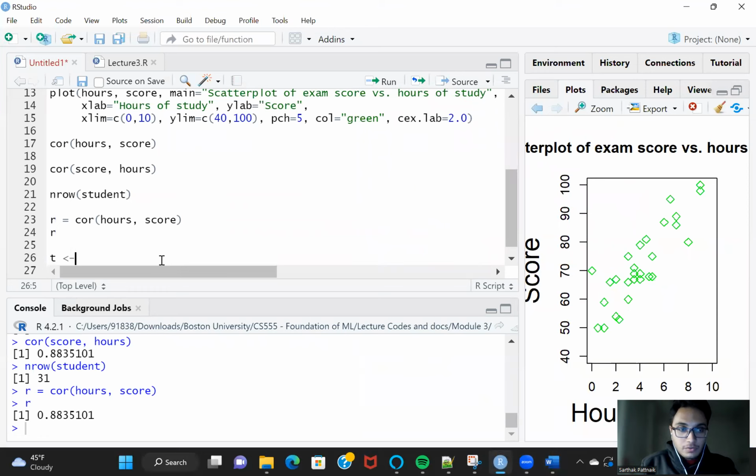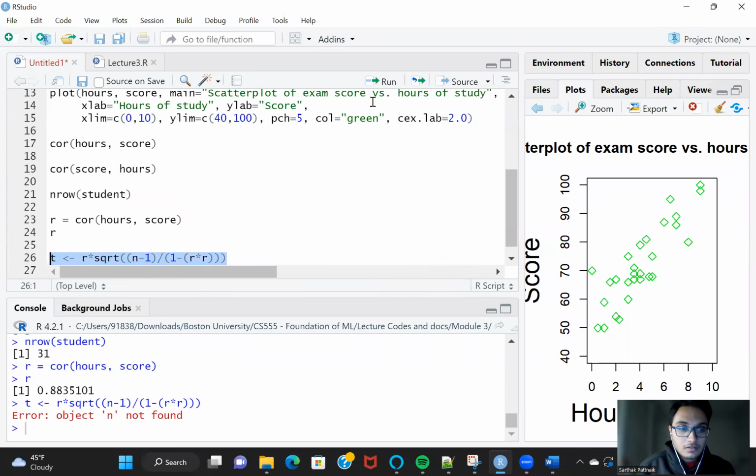The test statistic value will be, with sqrt, the n is not found, we're going to initialize this.